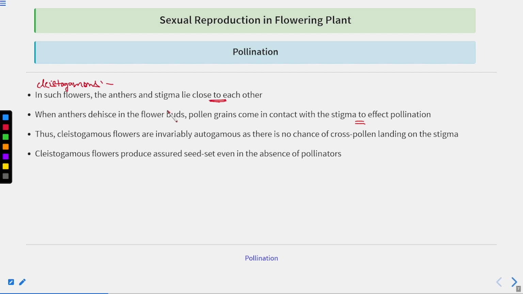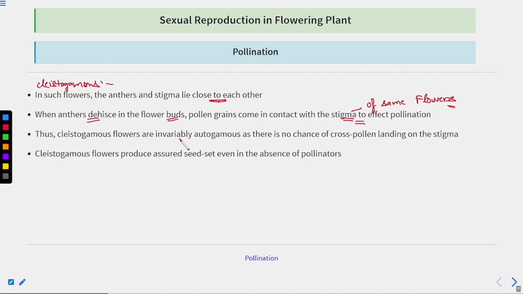So pollens are released after anther dehiscence, and they come in contact with the stigma of the same flower, because the flowers are closed. They are not exposed to the external agents. Clear? So this will promote autogamy.